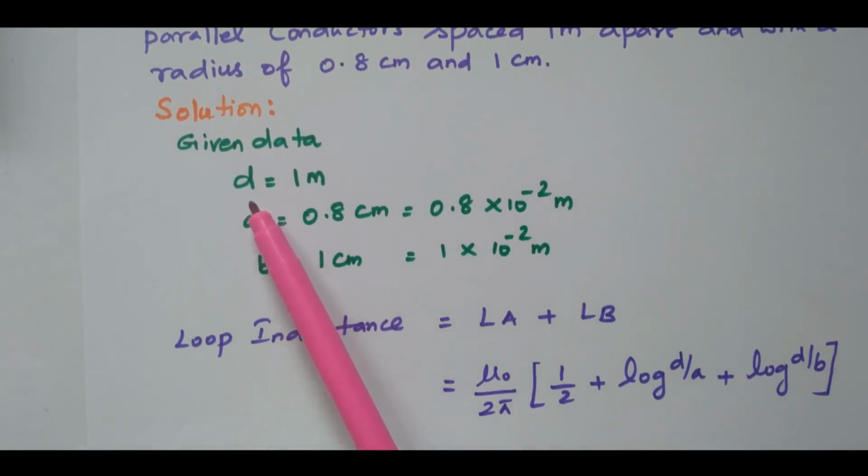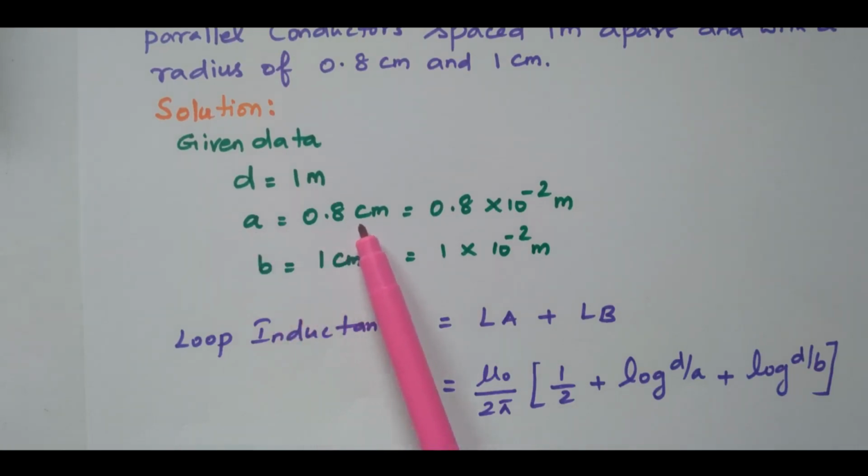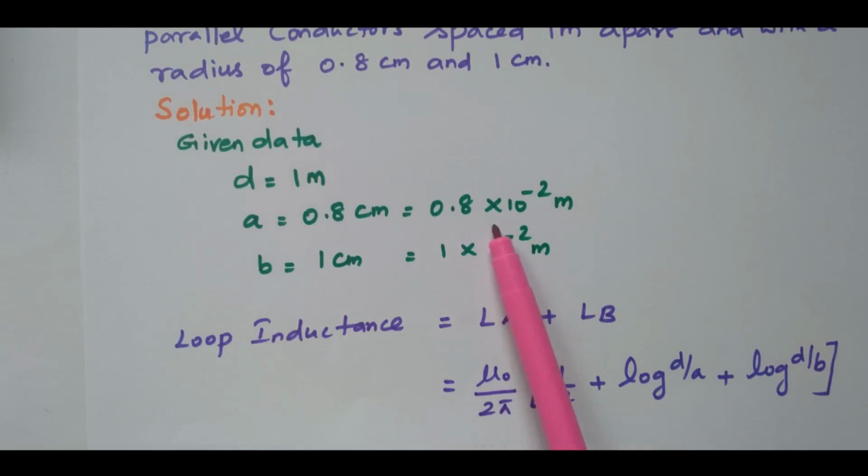So D, the distance between the conductors, is 1 meter. Radius of the first conductor A is 0.8 centimeter, that is equal to 0.8 into 10 to the power minus 2 meter. The radius of the second conductor B equal to 1 centimeter, that is equal to 1 into 10 to the power minus 2 meter. So what is the loop inductance?